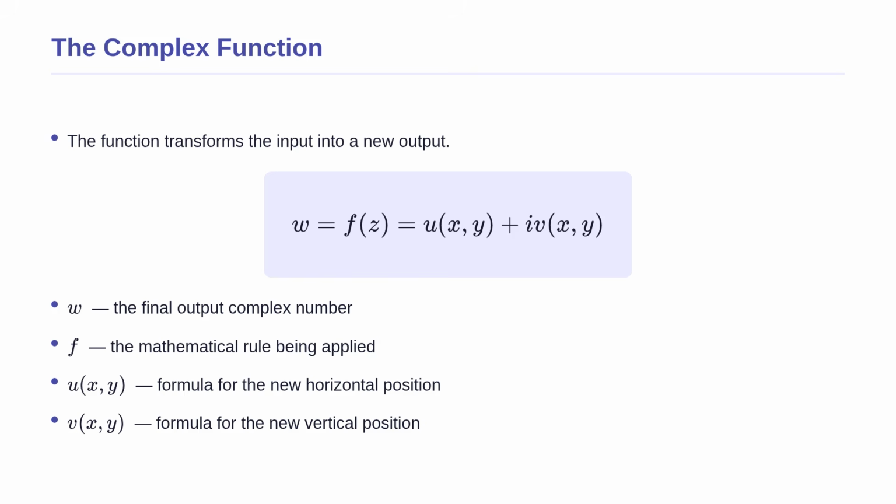Notice that both u and v depend entirely on the original input values x and y. The term u is a standard real number formula that calculates the new horizontal position. The term v calculates the new vertical position. By breaking the function into these two pieces, we can analyze complex two-dimensional movements using basic algebra.